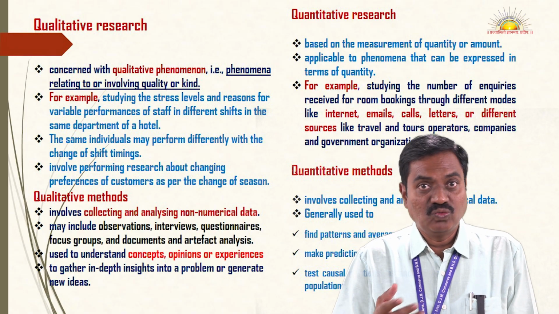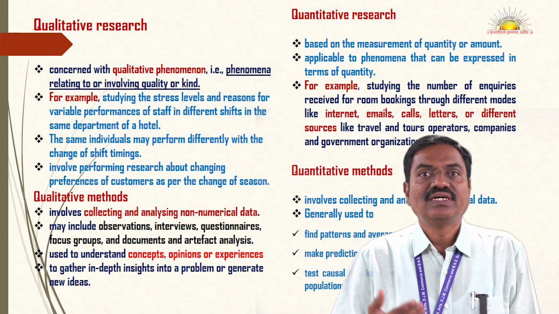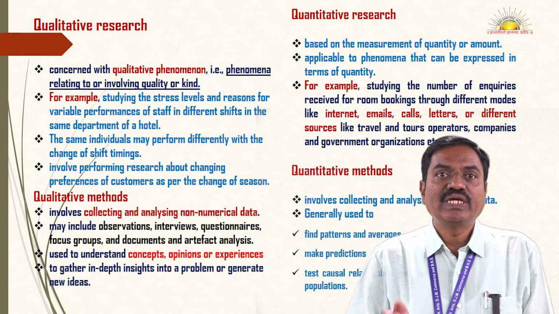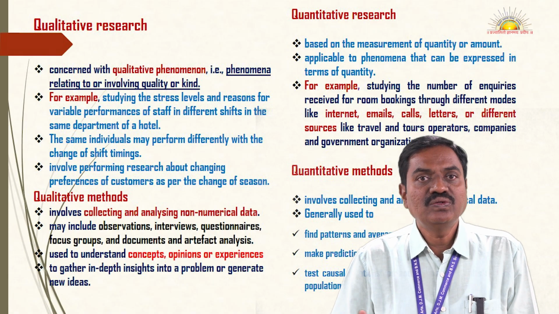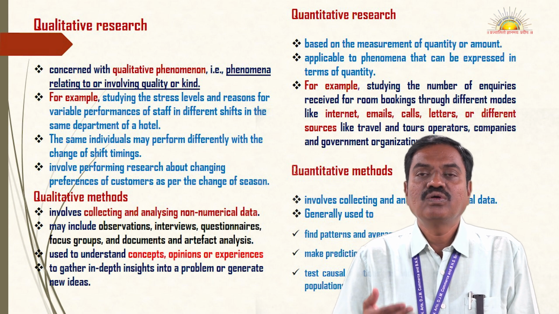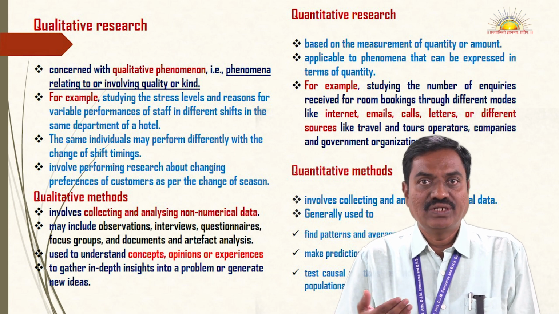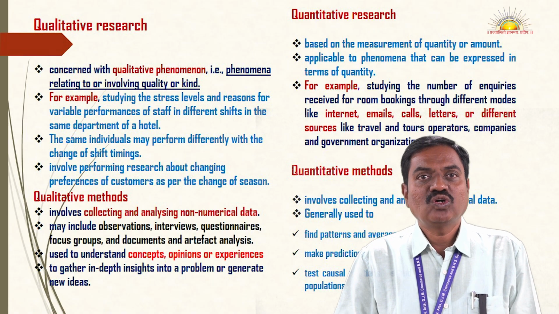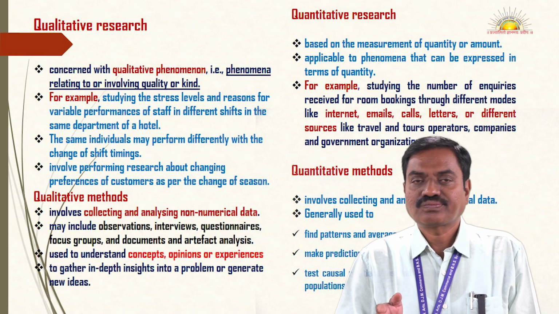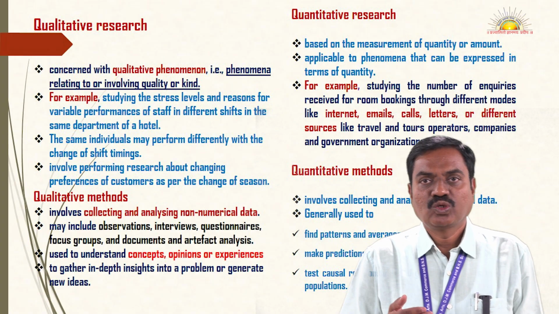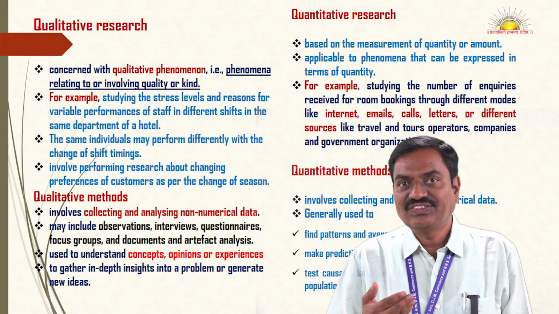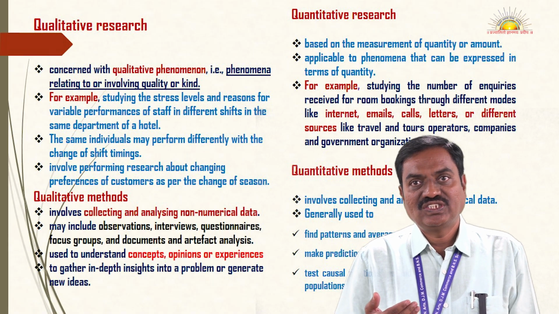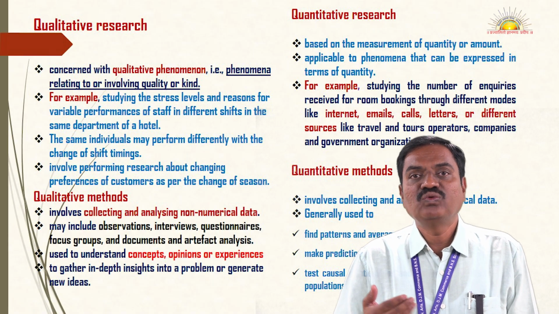Qualitative methods involve collecting and analyzing non-numerical data, and it may include observations, interviews, questionnaires, focus groups, and documents or artifact analysis. Qualitative methods can be used to understand concepts, opinions, or experiences, as well as to gather in-depth insights into a problem or generate new ideas.